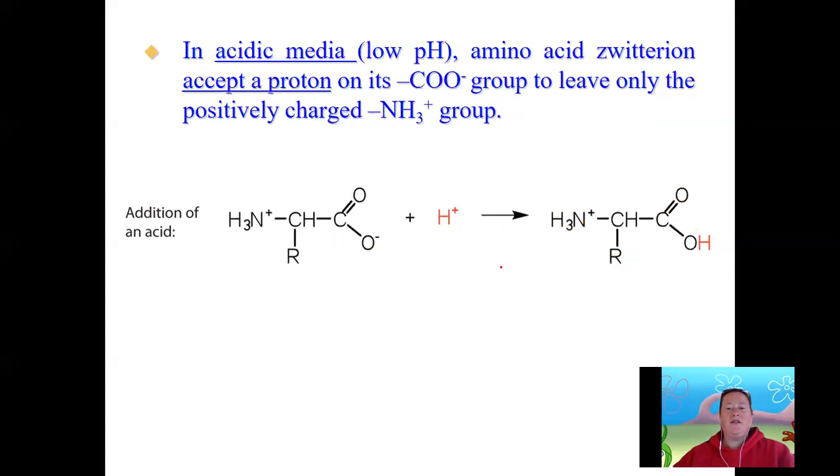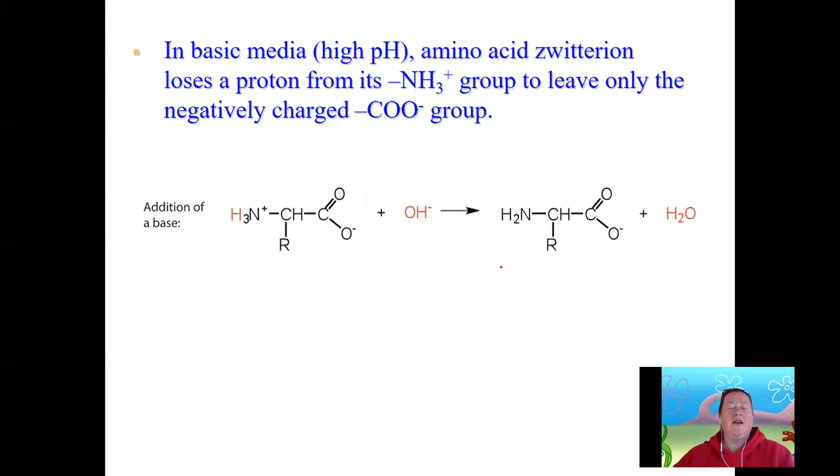So this leaves an overall positive amino acid. Now the same amino acid could then go ahead and travel to different parts of the body where it encounters a more basic media, higher pH.